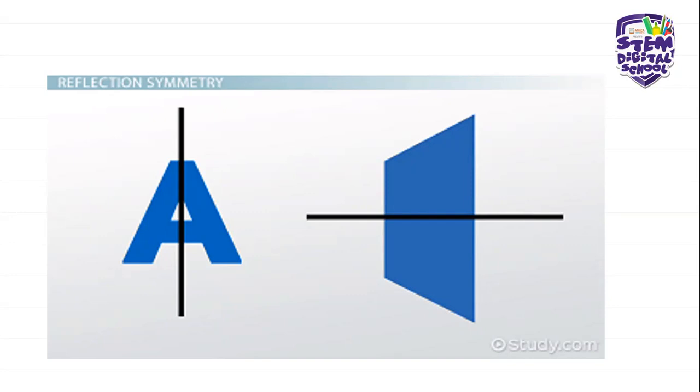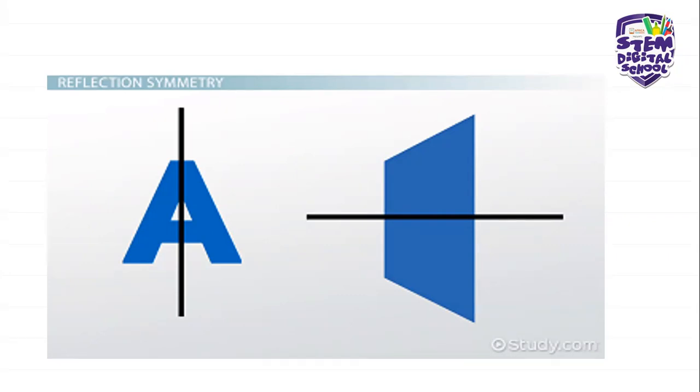Especially on a squared paper, it will be easier, because when you draw any geometric figure, you can actually tell by the number of squares on the left-hand side, as well as the number of squares on the right-hand side of your reflection line, or your line of symmetry, as it is known. All right, so those are the two examples of symmetry.